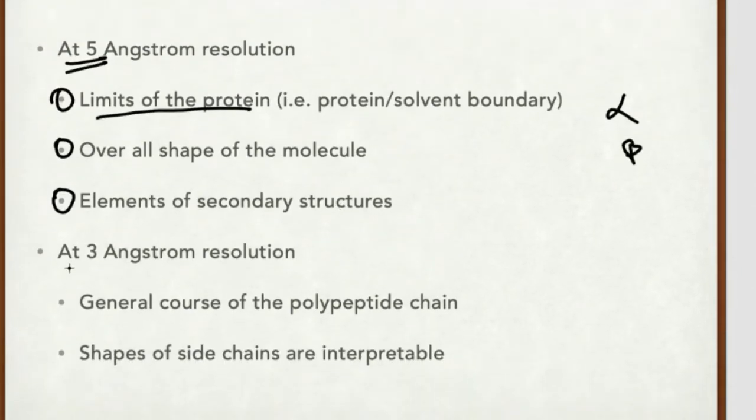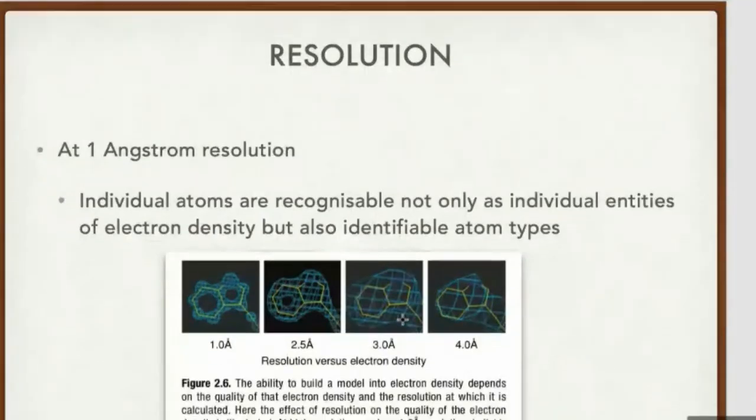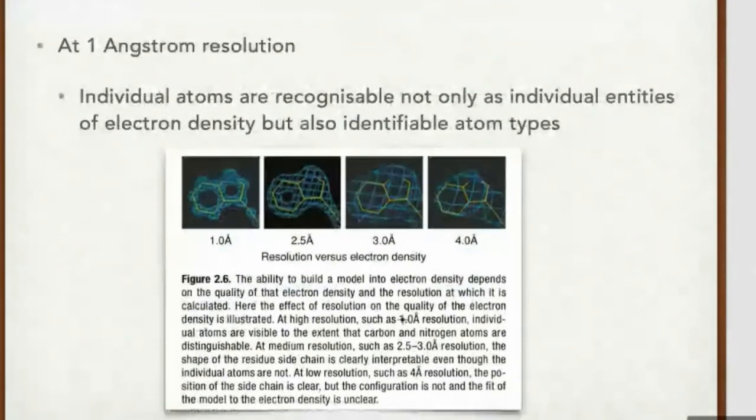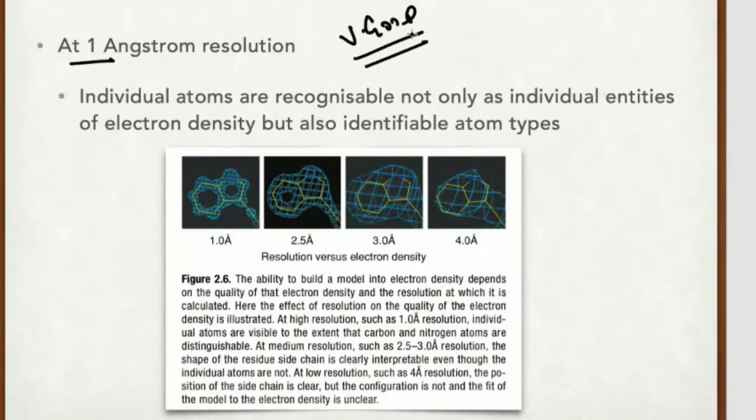If we go for 3 angstrom resolution, we can see the general course of the polypeptide chain, and shapes of side chains are very clearly interpretable. But if you go for atomic resolution, 1.5 angstrom or lesser, 1 angstrom, right? These are very good, very good resolution for computational studies.